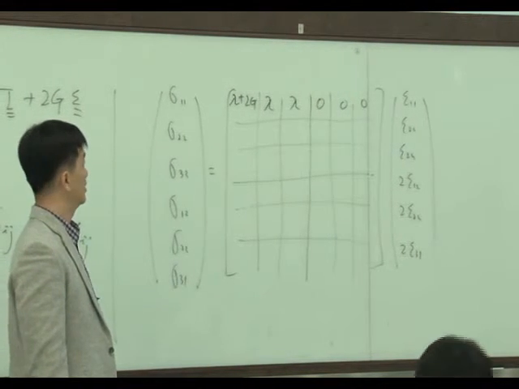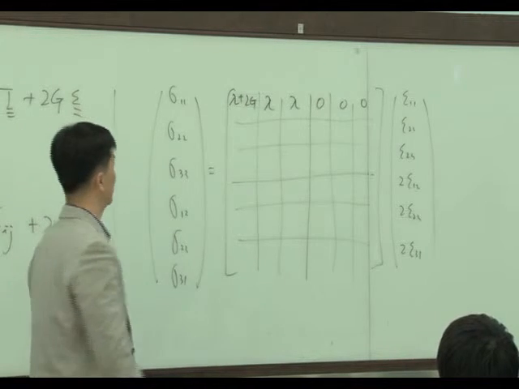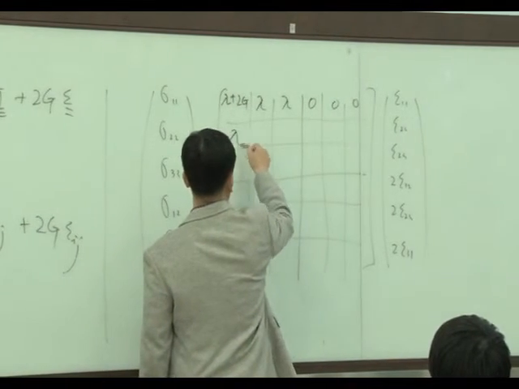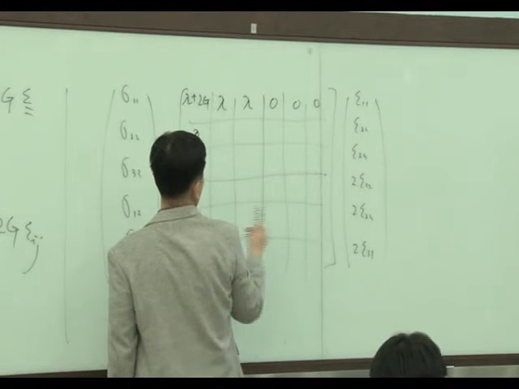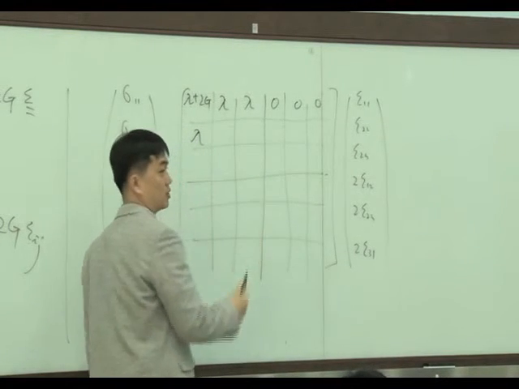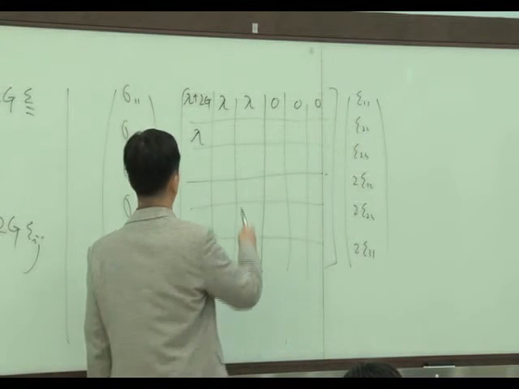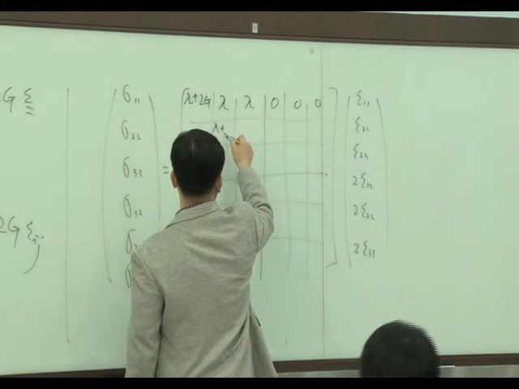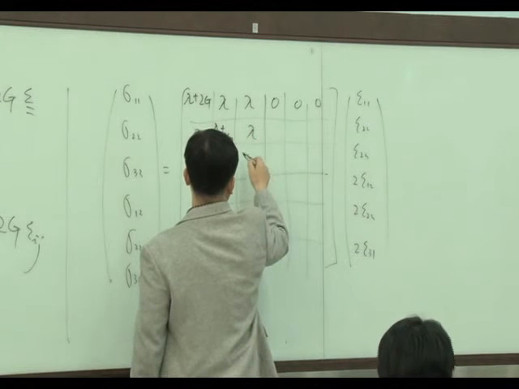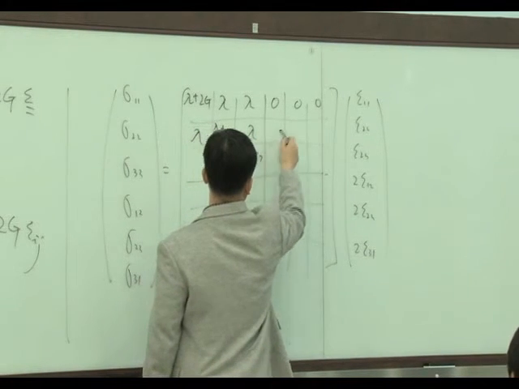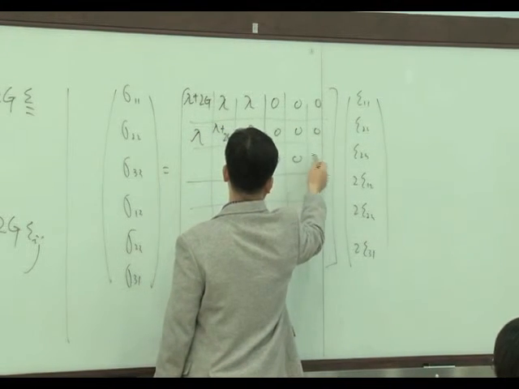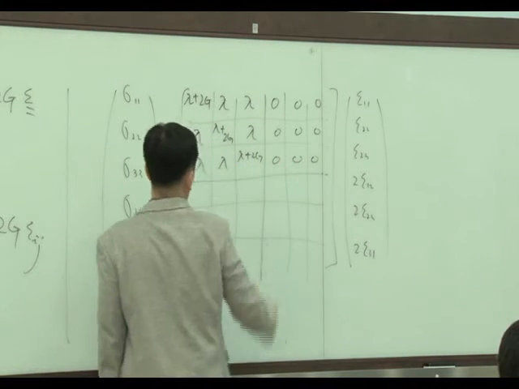Because this is symmetric, we can also put the lambda here symmetrically. So for the strain component 22, this is an isotropic material, so we can have lambda plus 2G here. Okay, lambda plus 2G, 0, 0, 0, 0, 0, 0, lambda, something like that.